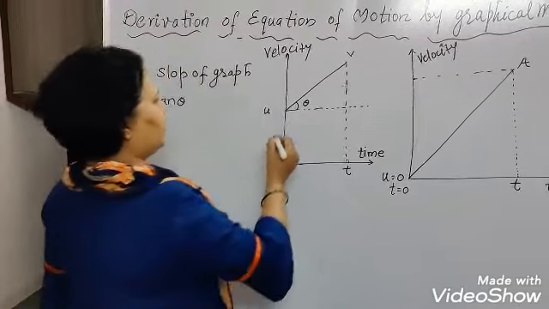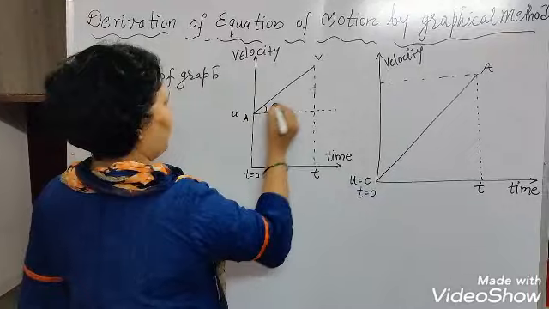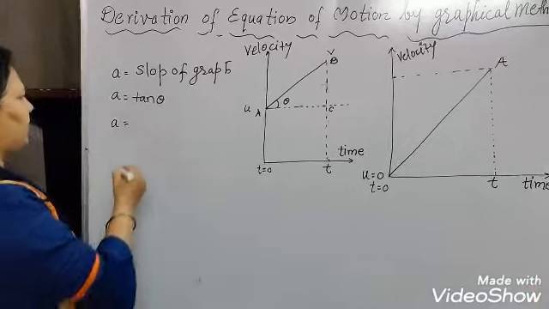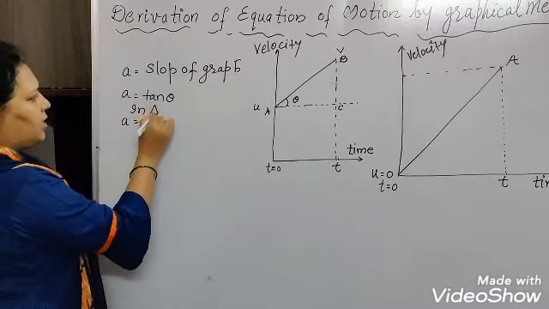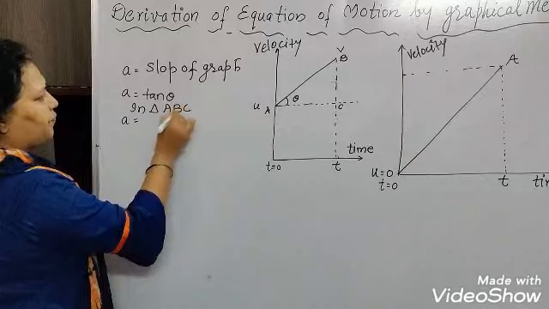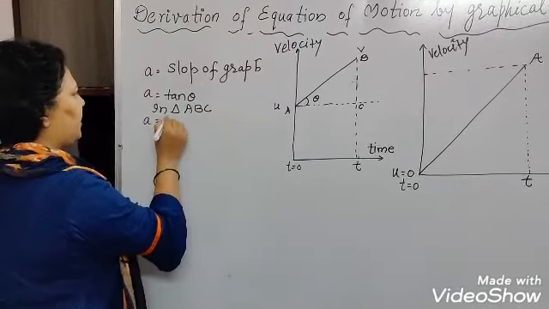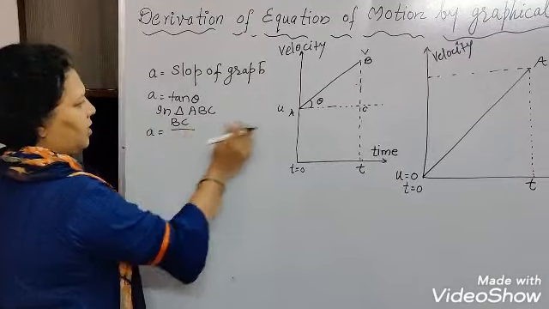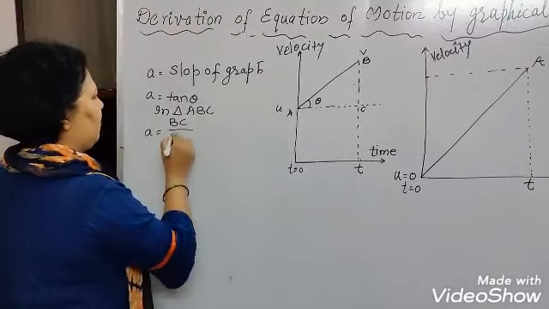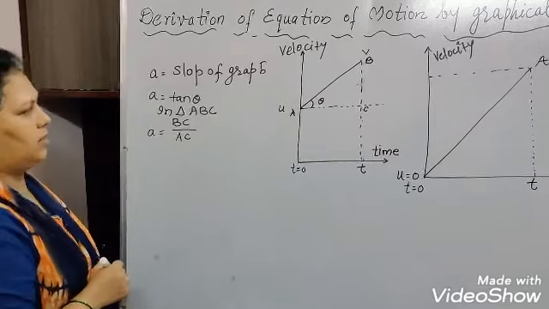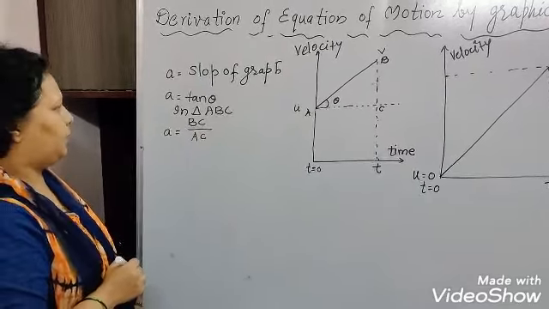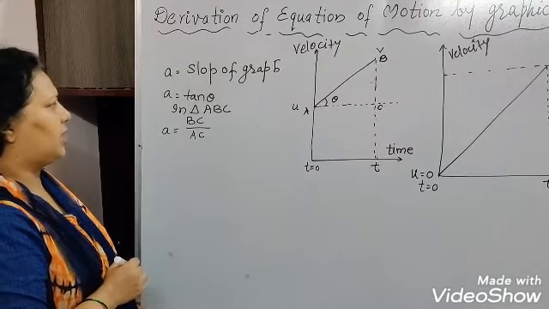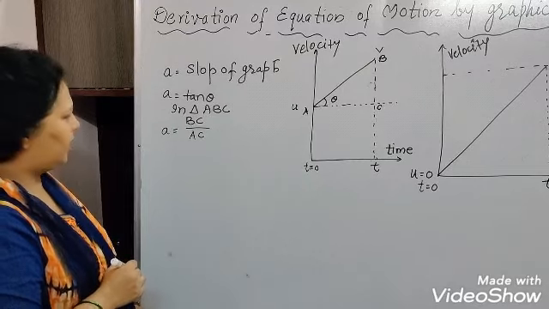If you consider this triangle, this is A, this is B, and this is C. In triangle ABC, BC will give us the perpendicular and AC will give us the base. So tan theta is equal to BC upon AC. We have replaced tan theta by BC upon AC.